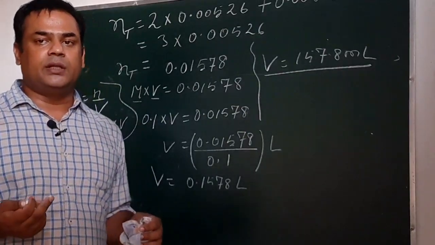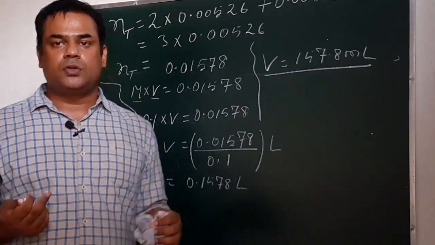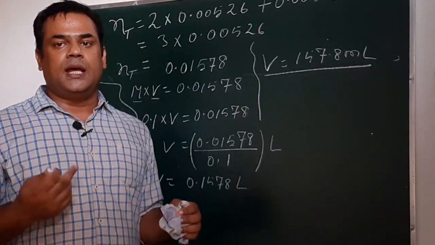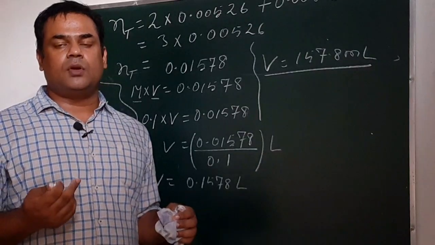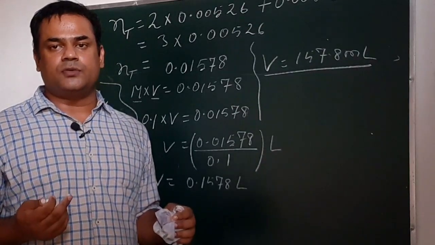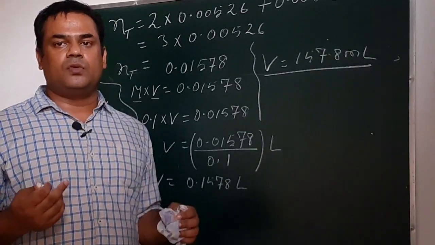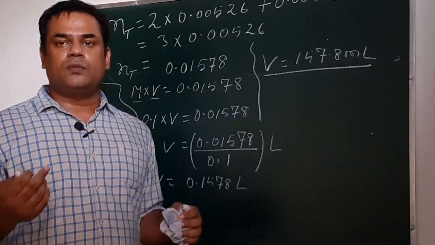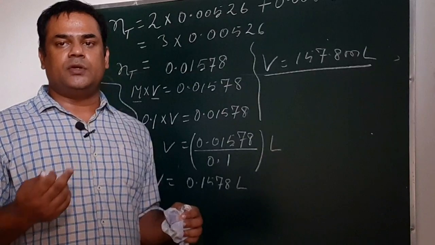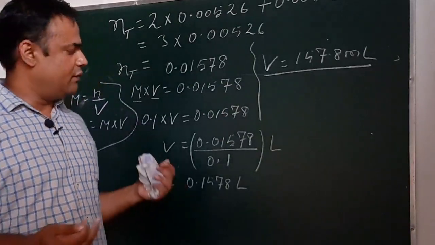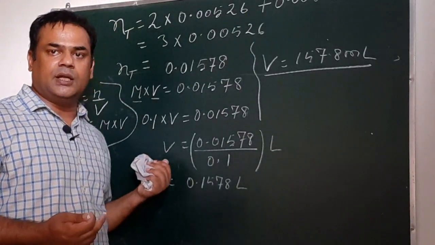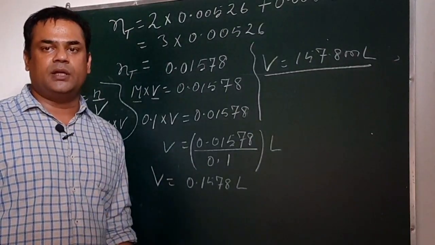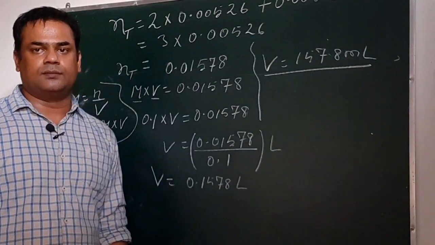Once we have calculated the total number of moles of HCl, we have used the formula of molarity: molarity is equal to the number of moles present in 1 liter of solution, and from here number of moles equals molarity into volume. When we equate the total number of moles of HCl to molarity into volume, we can calculate the volume of HCl required to completely neutralize 1 gram mixture of sodium carbonate and sodium bicarbonate.